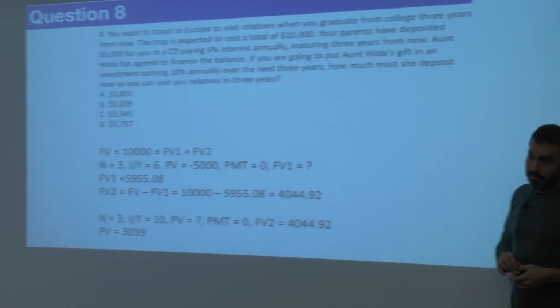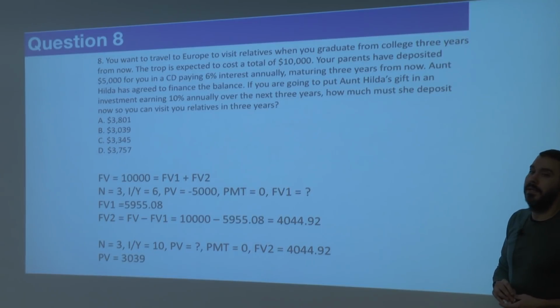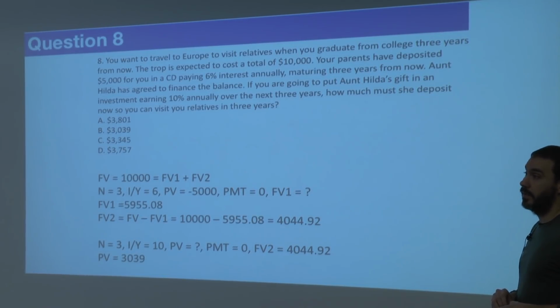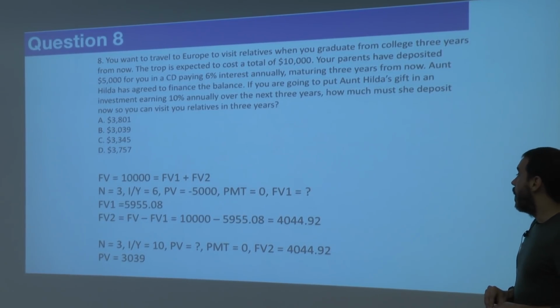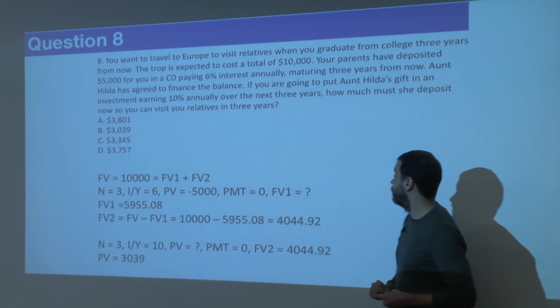This is a good exercise, meaning this is the kind of exercise that you could see in a final or in a midterm. And yeah. Negative. Why is the PV negative? Because I put the future value positive.